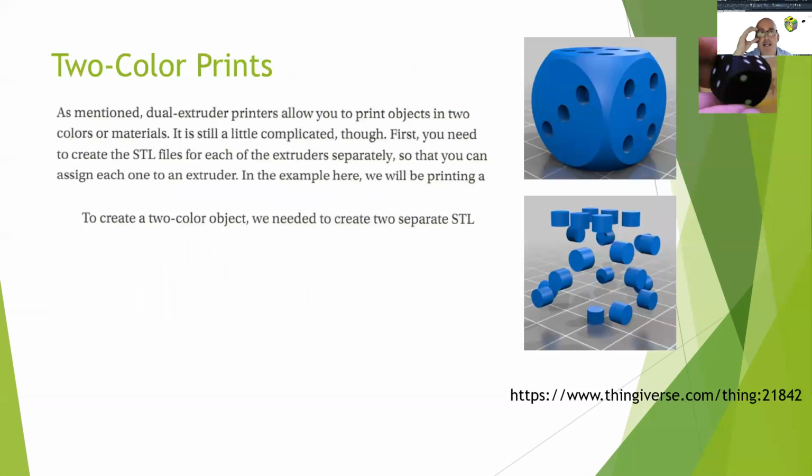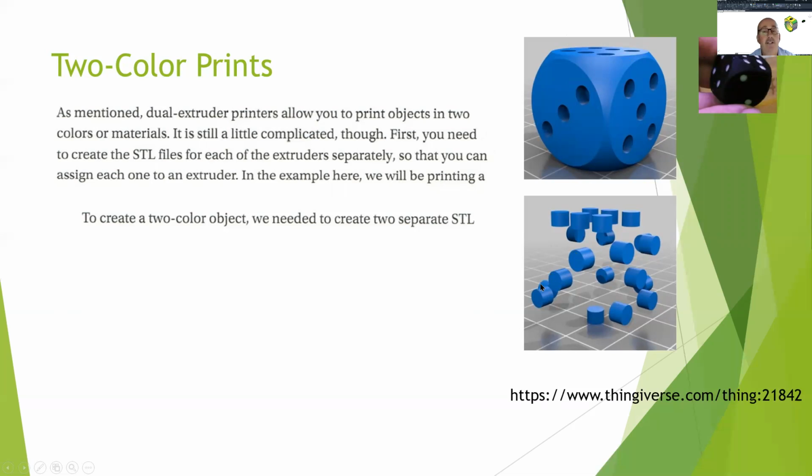I'll come back to that last one, where you would have like this dice piece. And what you do is you create the model, and you create them on different layers or in different display states if you're using SolidWorks, so that it maintains the relationship. You can see that these 6 pegs here would line up in space with these 6, and then these 3 holes here line up with these 3.